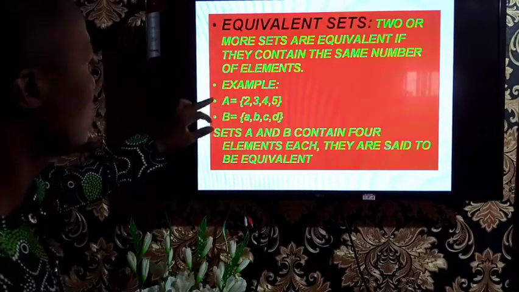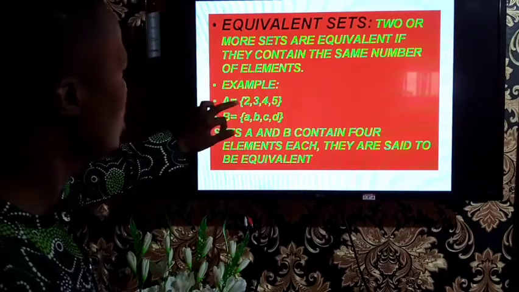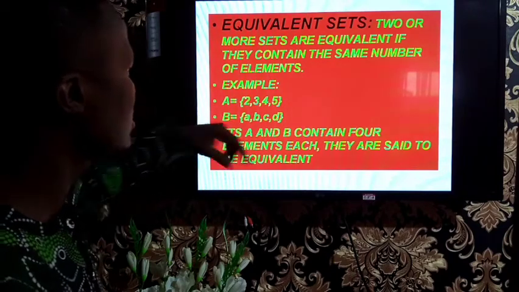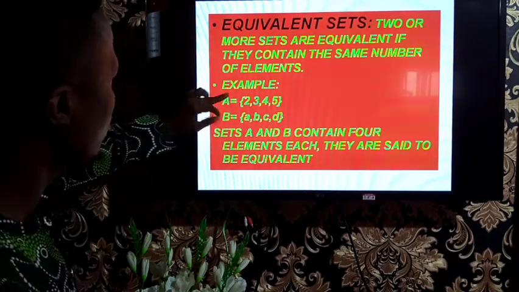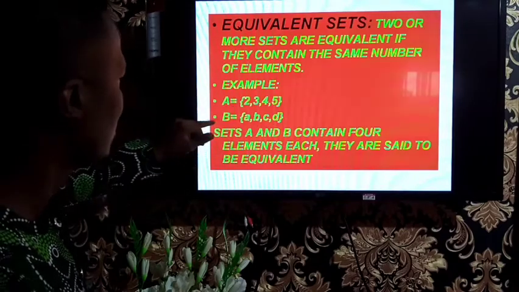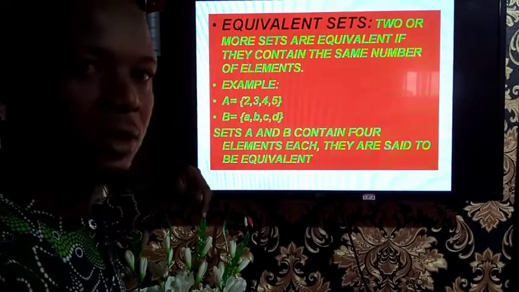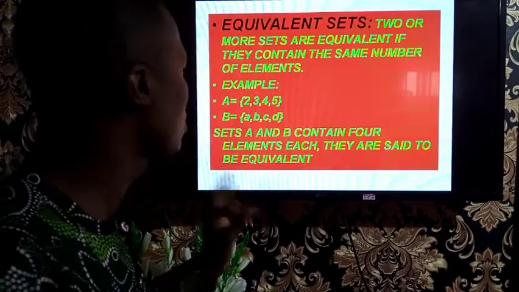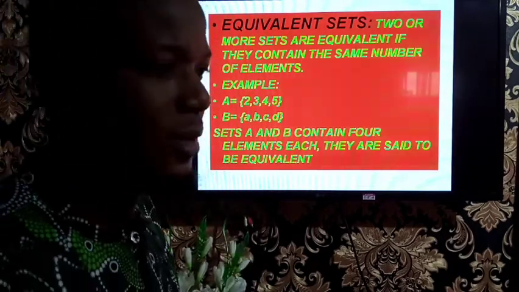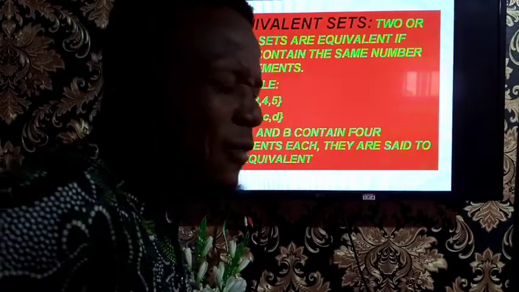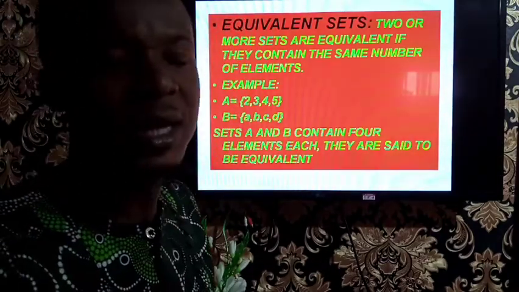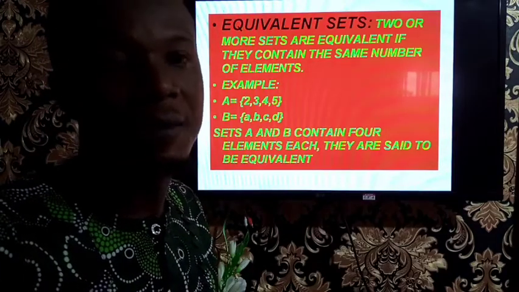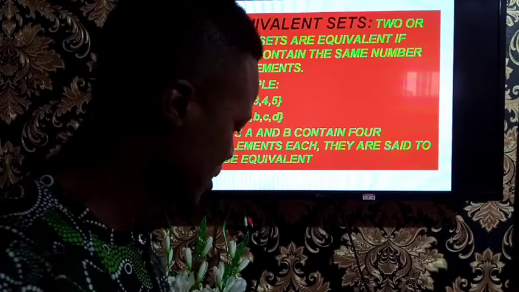For example, here you can see set A contains 2, 3, 4, 5, while set B contains A, B, C, D. You can see that set A contains 4 elements if you count them, and set B contains 4 elements if you count them. Hence, set B and set A are said to be equivalent because their numbers are the same. But for them to be equal, everything I see in set A must be seen in set B for you to say that the two sets are equal. So equal sets are quite different from equivalent sets.